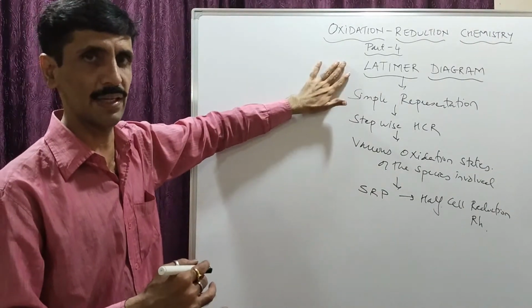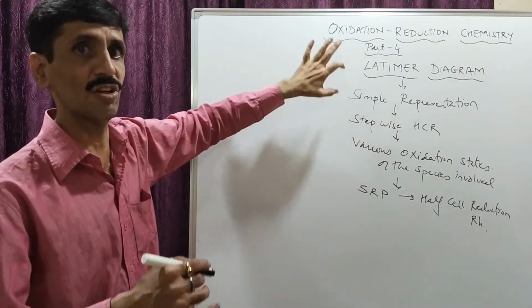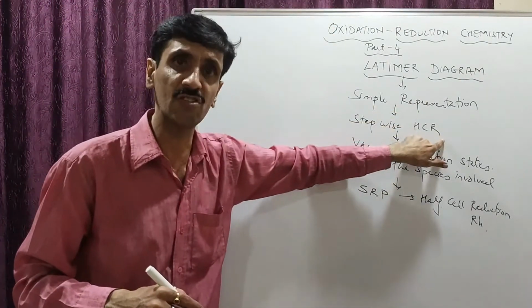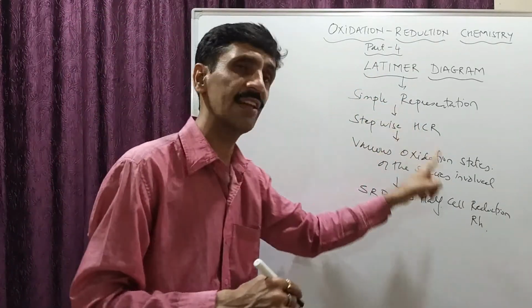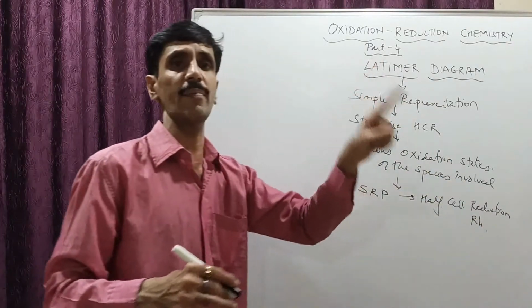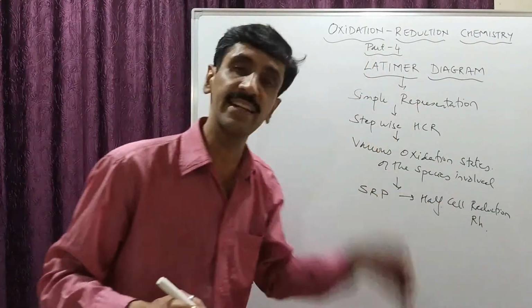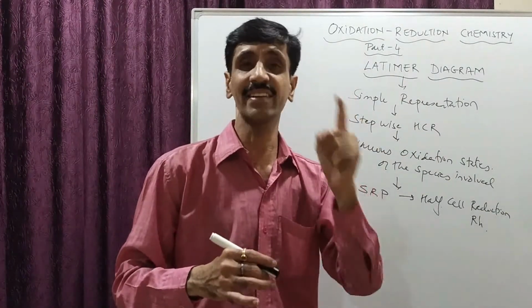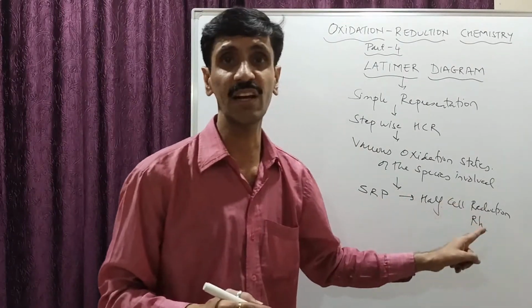Okay, once again I repeat. What is a Latimer diagram? It is the simplest form of representation of the stepwise half cell reactions which are connected with the various oxidation states of the species involved in that half cell reaction, and that is connected with the SRP, that is the standard reduction potentials of the half cell reduction reaction.